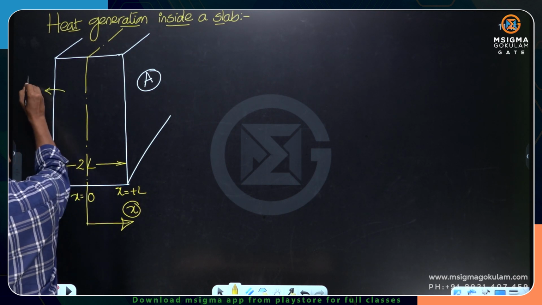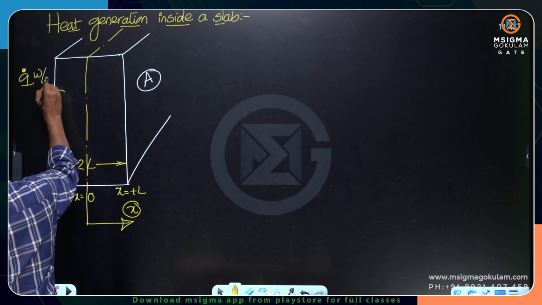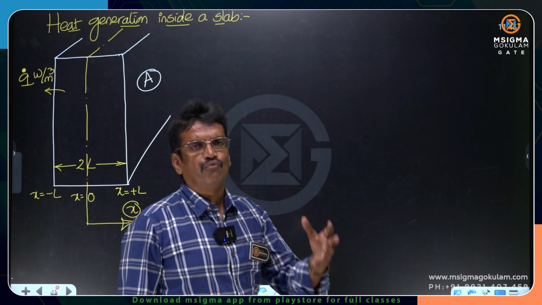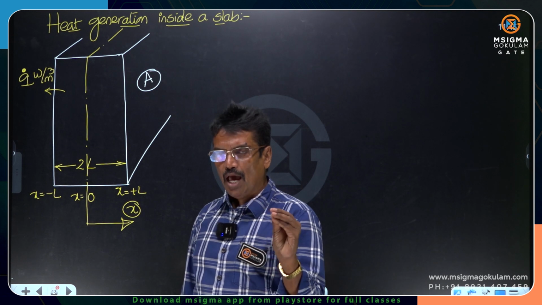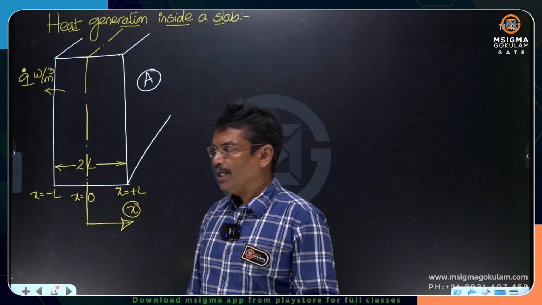There is uniform heat generation inside the slab of magnitude q dot. Q dot is the symbol for the heat generation, which is uniform throughout the slab. At every location, every point inside the slab, the heat generation is the same.